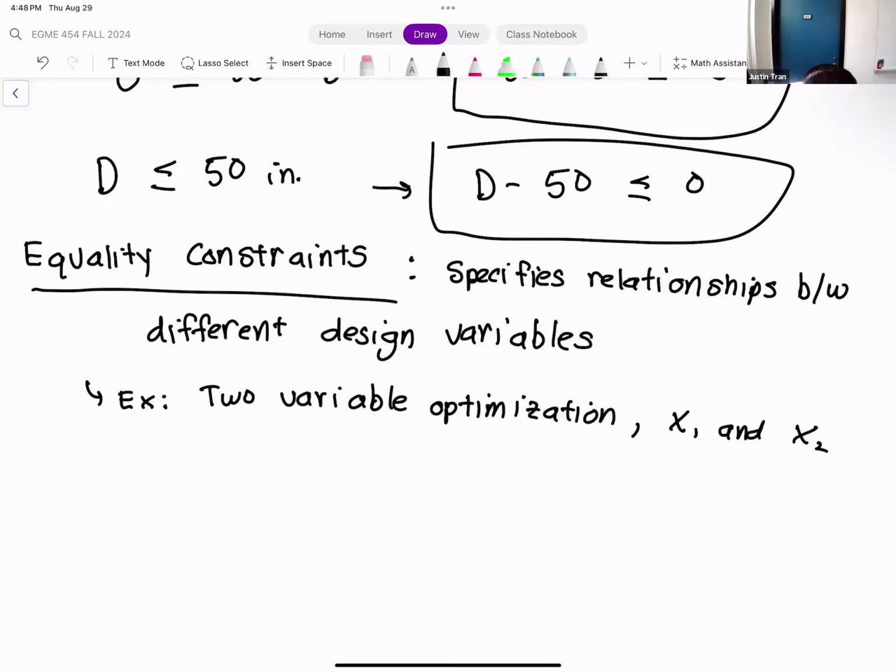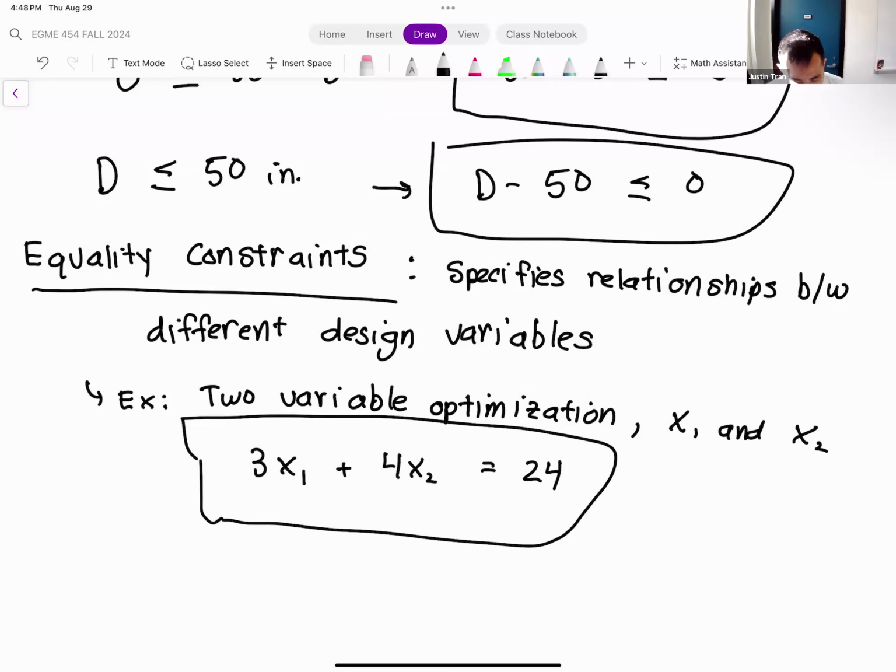Let's say that we can express this as an equality constraint as 3x1 plus 4x2 has to equal 24. So no matter what values we end up choosing for our optimization, this equation here has to be satisfied.